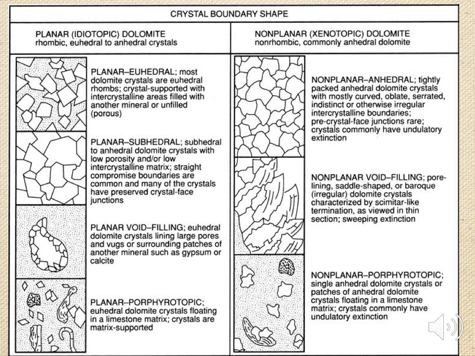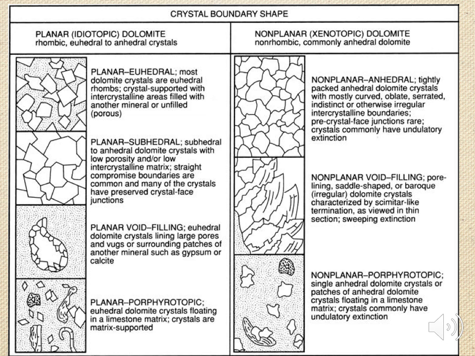and they're broken down into planar euhedral, which is similar to what I showed you on previous slides, having most of these crystals having these nice euhedral shapes. The crystals tend to be supported with intercrystalline areas filled with another mineral or porous. Then we have the planar subhedral with these compromised boundaries.